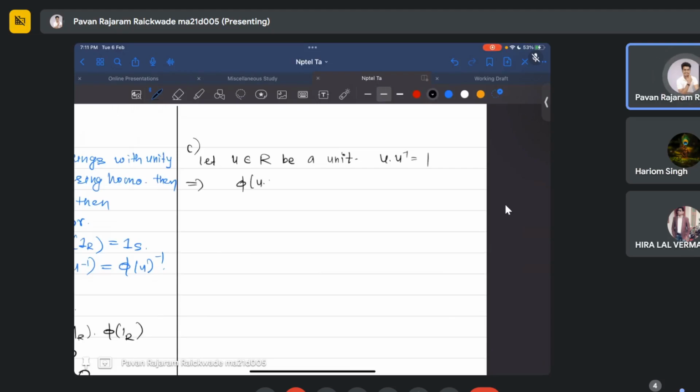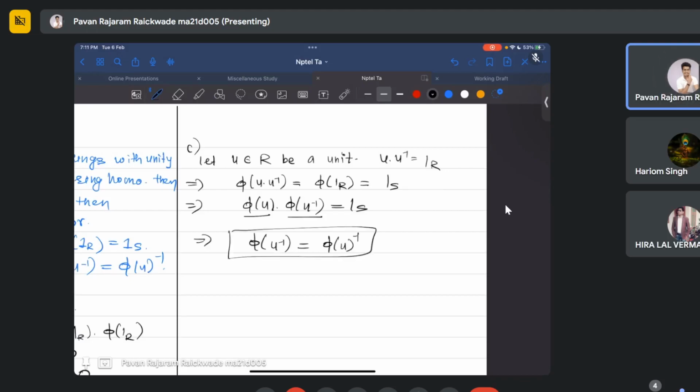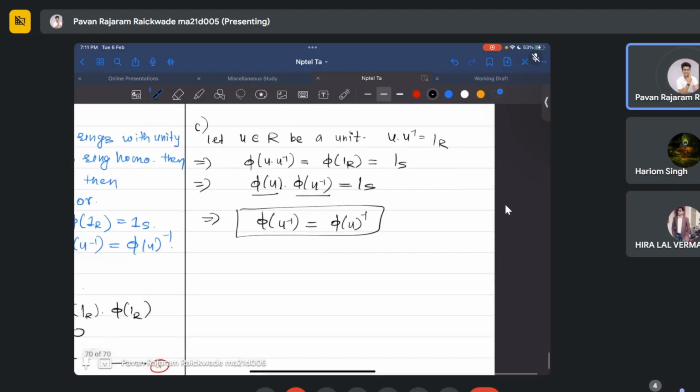You get phi of u inverse times u is the same as phi of 1R, which is the unity in the ring S. Because of ring homomorphism, you get this structure here. So the product of this element with phi u is identity, which implies phi of u inverse is the inverse of phi u. That is what you wanted. So the image of every unit is a unit, and you have this formula for the inverse. This is your C.